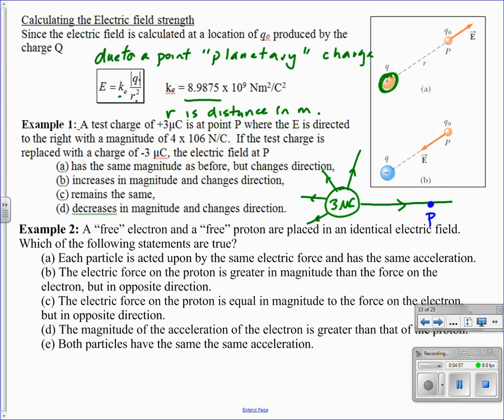The idea here is that the electric field due to this object, due to the 3 microcoulombs, does not change due to the test charge. So the electric field due to this object remains the same.